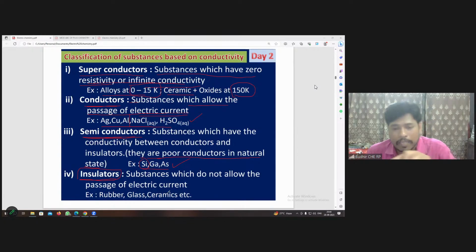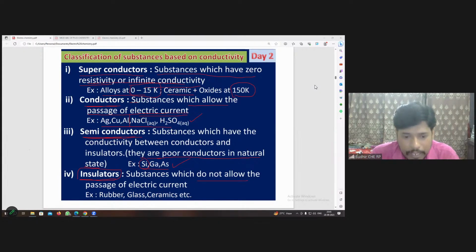That's why, as they do not allow electric current through them, if we give a coating of these materials, we won't get a shock even though we touch those electrical wires from the external surface. So insulators are materials that do not allow electric current through them.